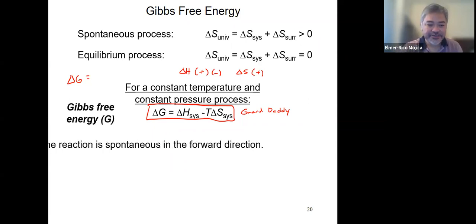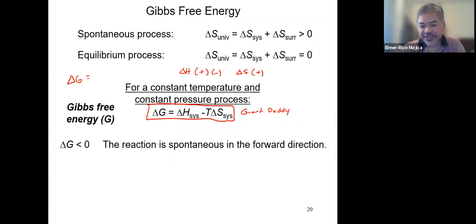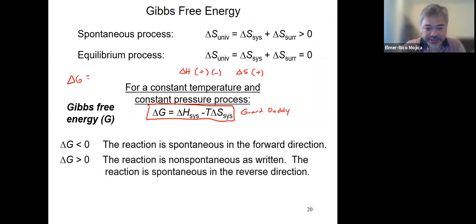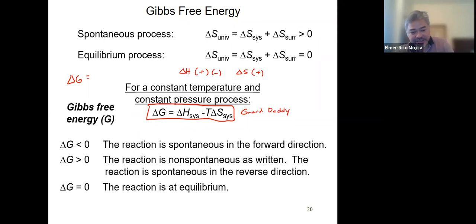They found out that if your delta G is less than zero, or negative, it is spontaneous in the forward reaction. If the delta G is more than zero, or positive, the reaction is non-spontaneous, but the reaction will be spontaneous in the reverse direction. And if the delta G is equal to zero, then the reaction is at equilibrium.